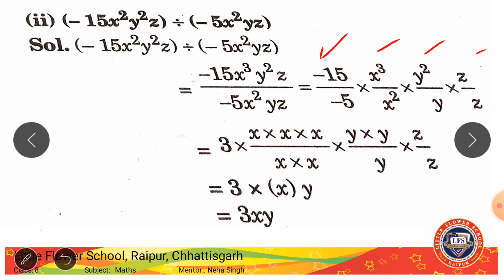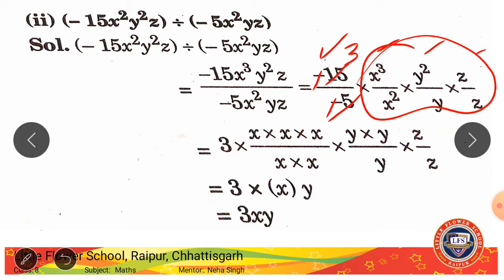Now this minus sign will get cancelled. 5 ones are 5, 5 threes are 15. After that these will be separated, like in the last question I had done. You can cancel the powers or you can split the powers first and then cancel. X cube you write 3 times x, and x square you write 2 times x. Similarly y square you will write 2 times y, and for y you will write 1y, then z upon z.